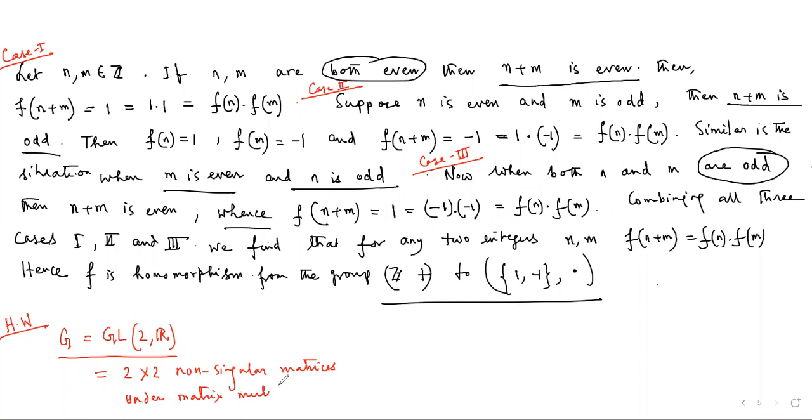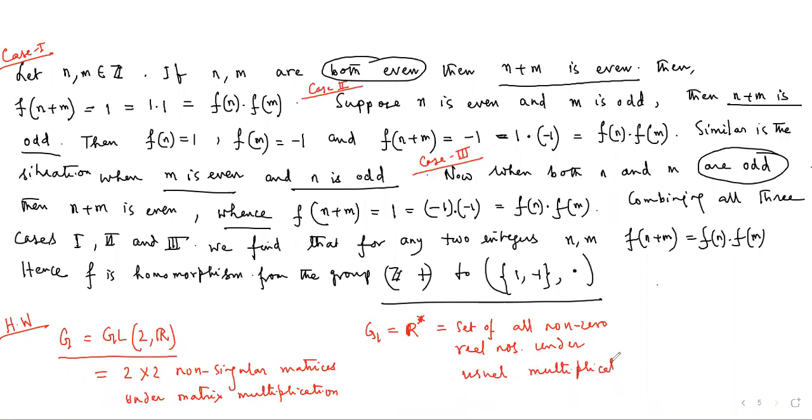Just check the book. And I am considering G1 to be R star, the set of all non-zero real numbers under usual multiplication.